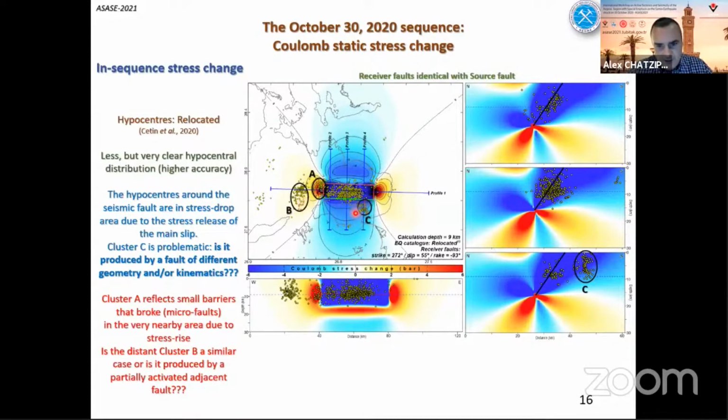Another cluster here, cluster C, is located away from the main fault, and again poses a question if it is produced by another fault of different geometry and kinematics. This cluster C was not very clear in the previous distribution, but it is clear in the relocated distribution.